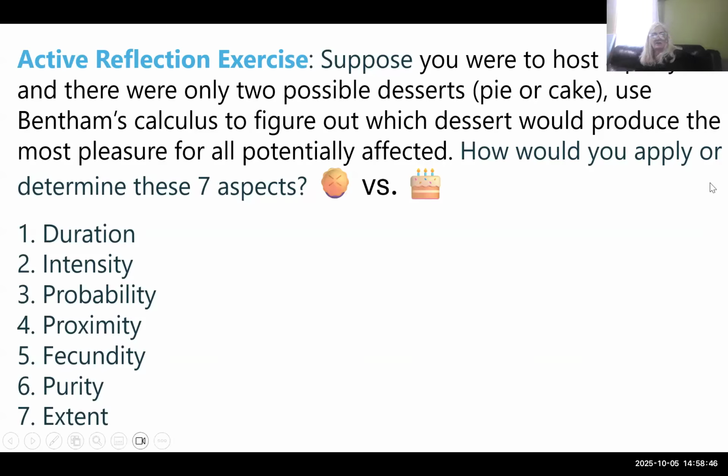How would you apply or determine these seven aspects to figure out if you're buying pie or cake? Duration, intensity, probability, proximity, fecundity, purity, and extent. So that's where I want you to just practice and really give consideration to Bentham's calculus.